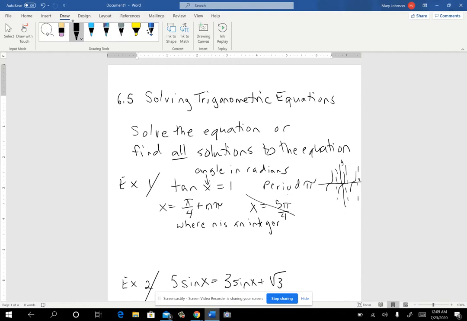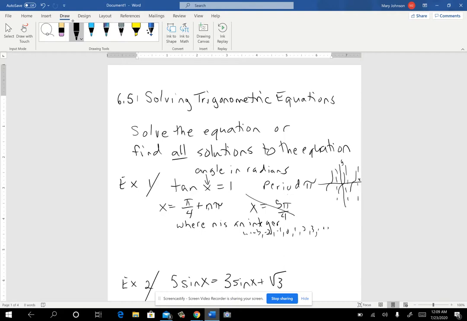Don't forget that you can also let n be -1. Integers are like -3, -2, -1, 0, 1, 2, and 3 on up, so it can be positive or negative. If you go in the negative direction, you can get to another solution by subtracting pi. If you subtracted 4 pi over 4, you'd be at -3 pi over 4.